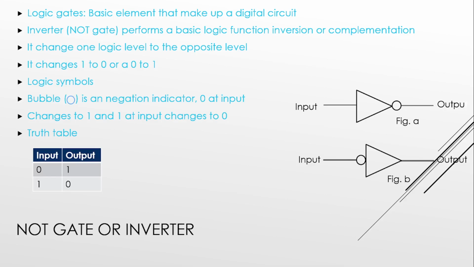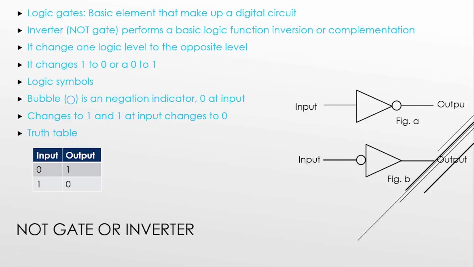First of all, let us start with a unique logic gate. Unique in the sense that it has a single input and a single output, as you can see in the figure shown on the slide.